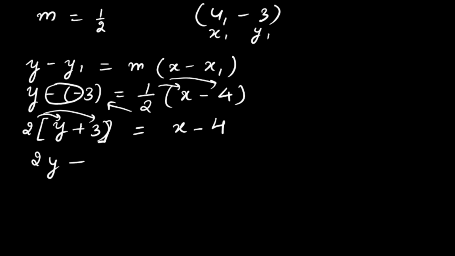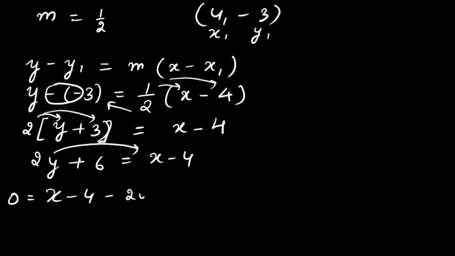So 2y plus 6 is equal to x minus 4. Then 2y will change to minus 2y, and plus 6 will change to minus 6, on the right side.